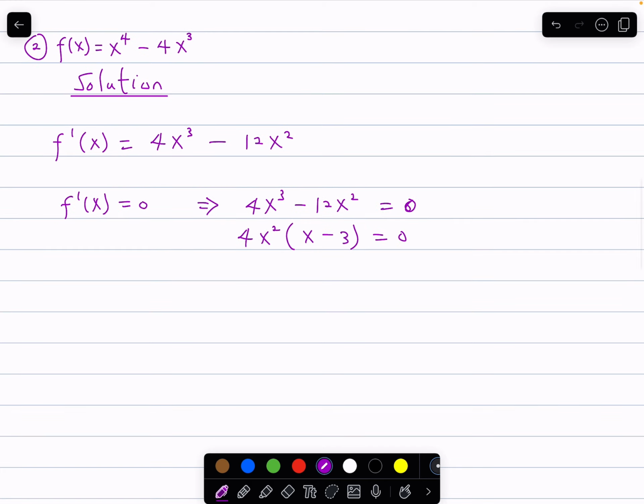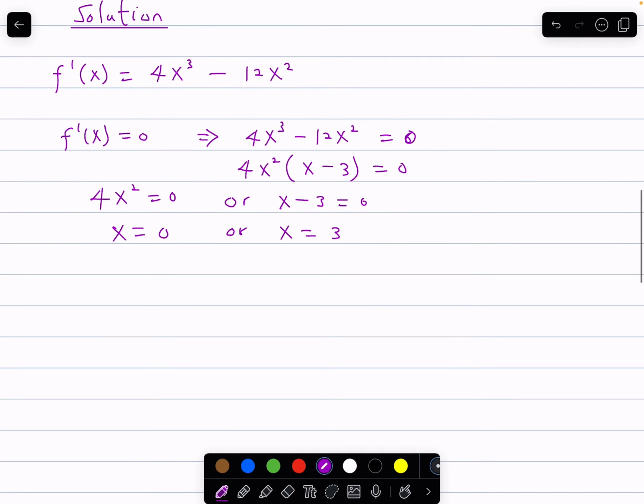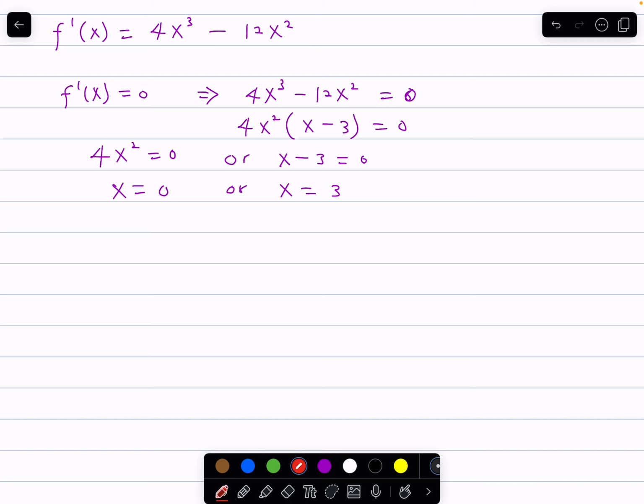So from here I have either 4x squared is equal to 0 or x minus 3 equals 0. So from here I have x is equal to 0 or x is equal to 3. So now 0 and 3 will divide the number line into how many parts? Let me draw the number line.